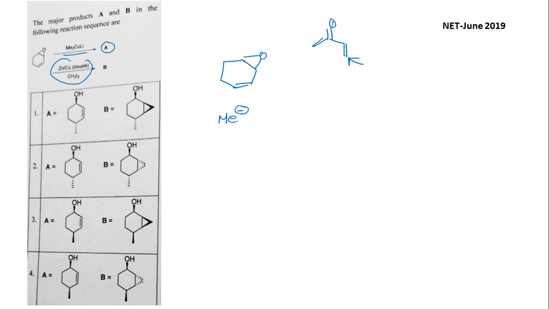So here also the same thing, and it will attack in such a way that after the attack, considering stereochemistry, the double bond will be shifted here and this bond will be broken. So here this OH and Me will prefer trans.